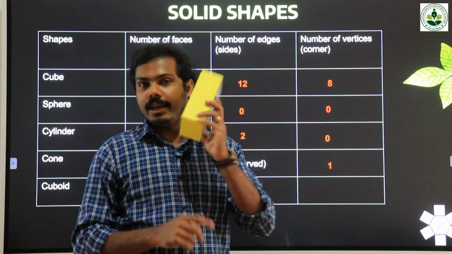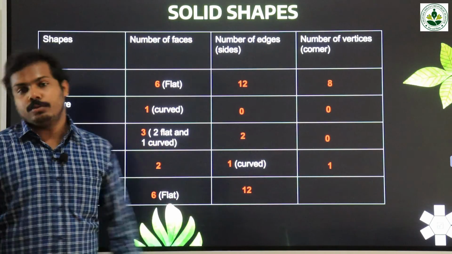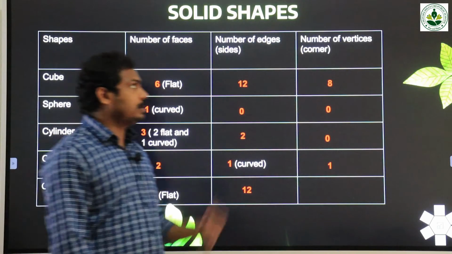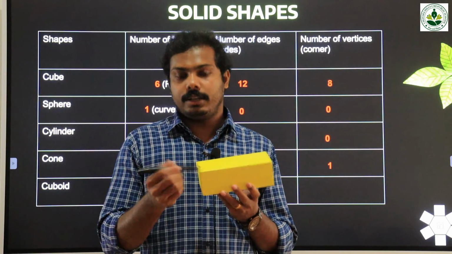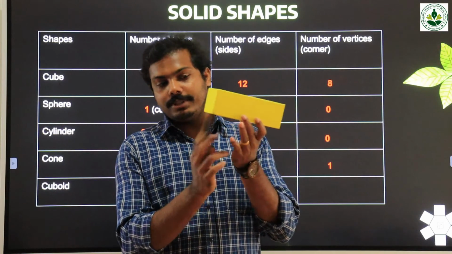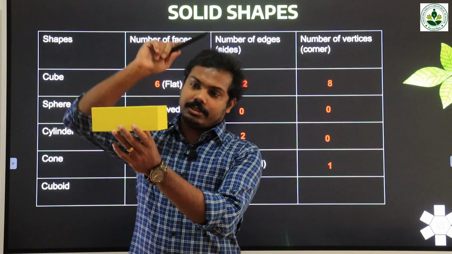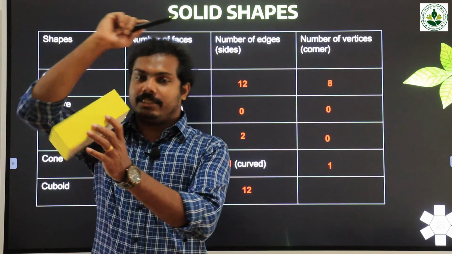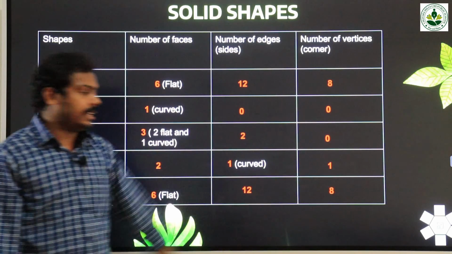So the number of edges of a cuboid are 12. Next one, number of vertices, that is number of corners. 1, 2, 3, 4, 5, 6, 7, 8. The number of vertices, number of corners, that is 8.